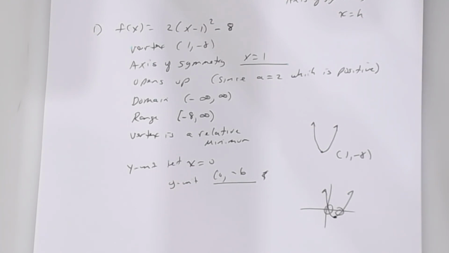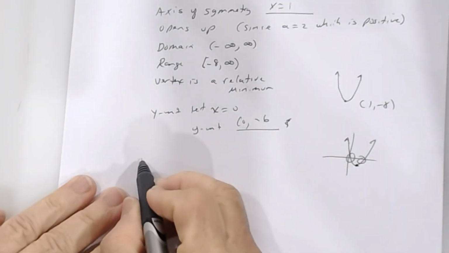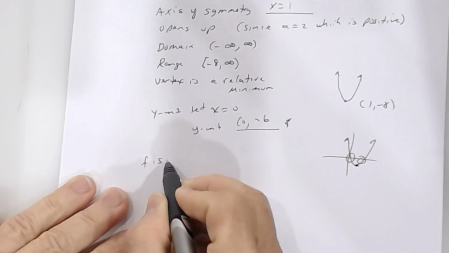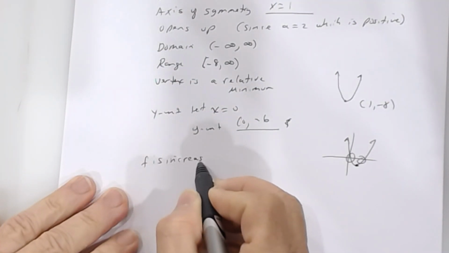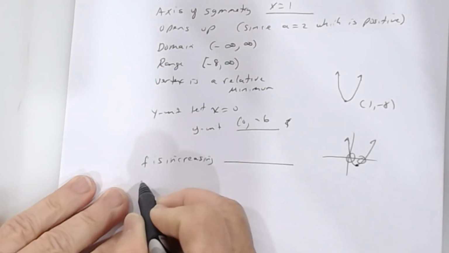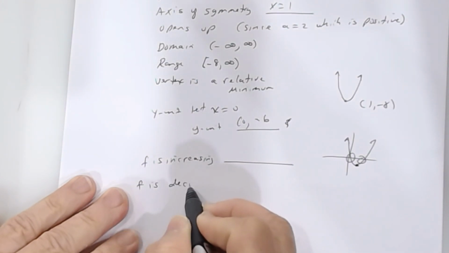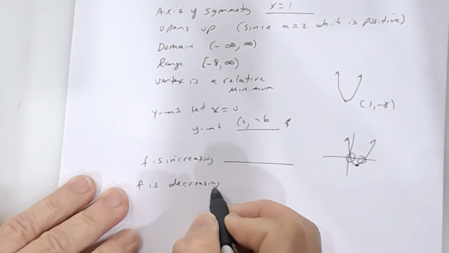But before we find x-intercepts, because it's going to take us a little bit, maybe 2 minutes to do that, I want to ask you this. Where is the function increasing and where is the function decreasing? So f is increasing, blank. f is decreasing, blank.